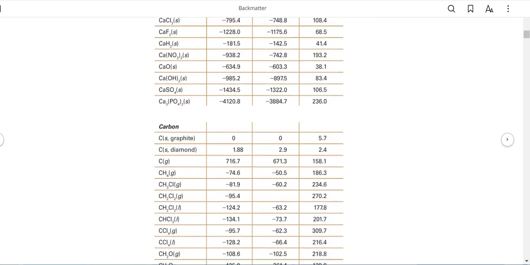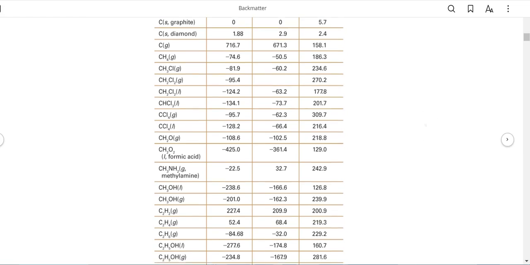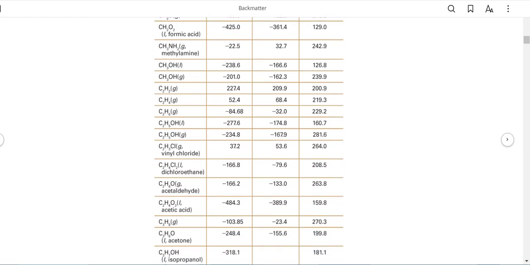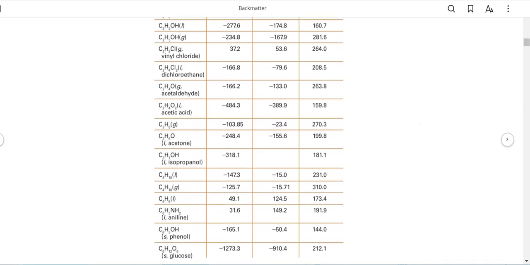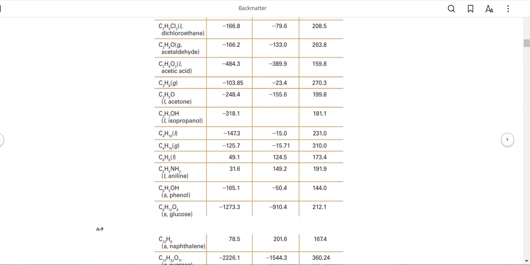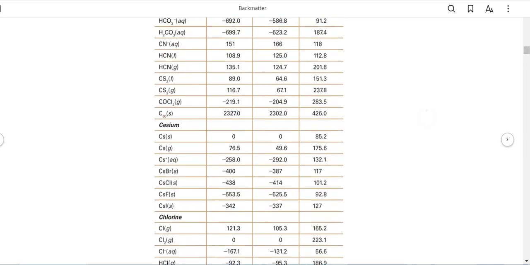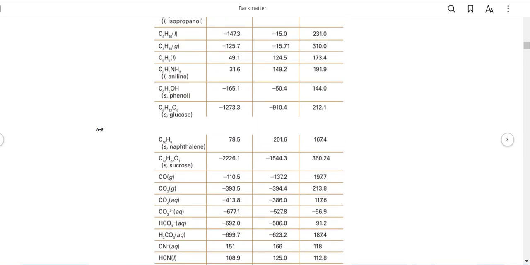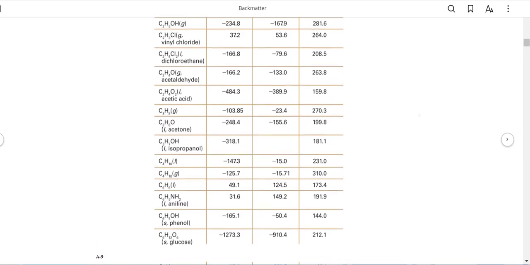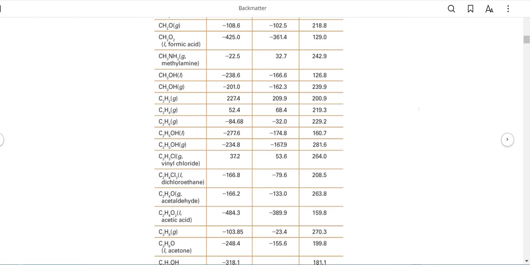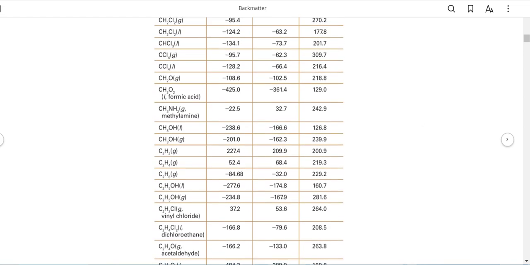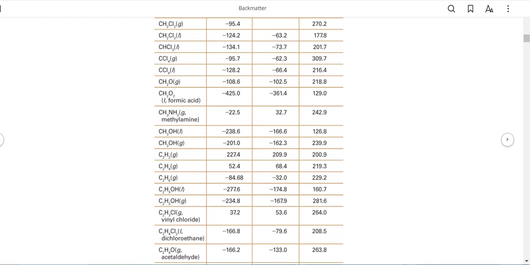This is CH3OH. Where would methanol be? There's ethanol. There's methanol. I have these three, so right here are my methanols.